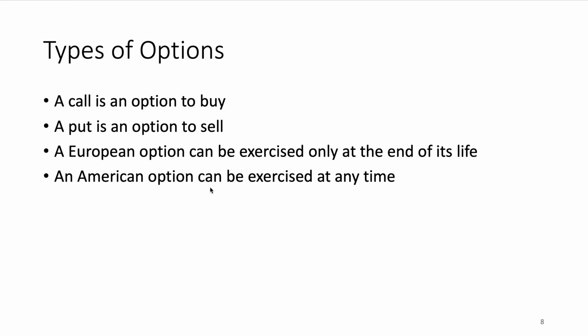The other type, which you can exercise anytime, is called an American option. But most options traded in the United States are American options, which can be exercised before maturity, though not for example S&P 500 index options. Those are European options, which cannot be exercised before maturity.